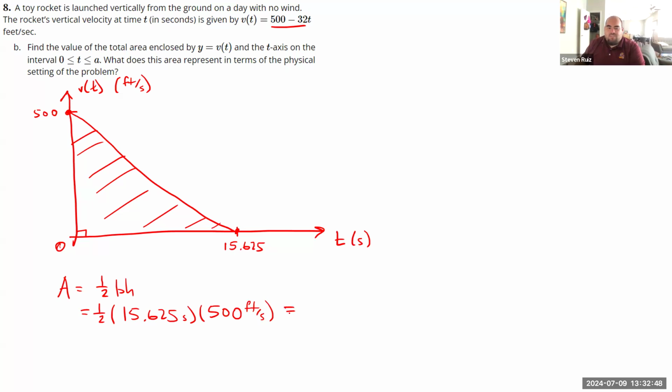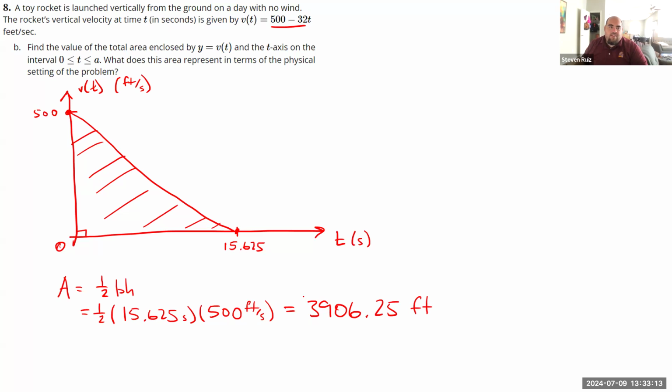So if I multiply all those things together, I get 3,906.25 what? So the units are what? I have feet per second multiplied by seconds. That should just give me feet.